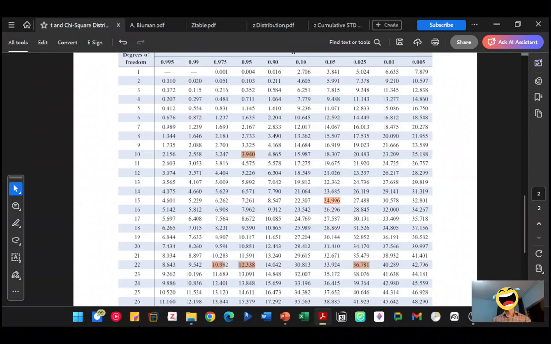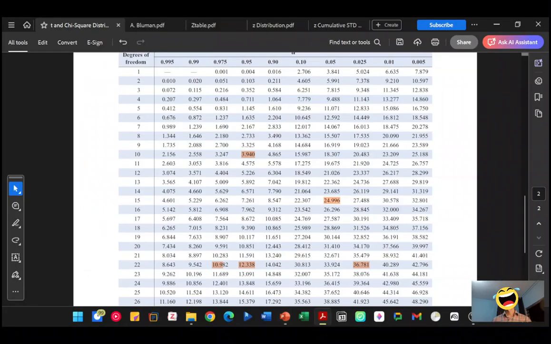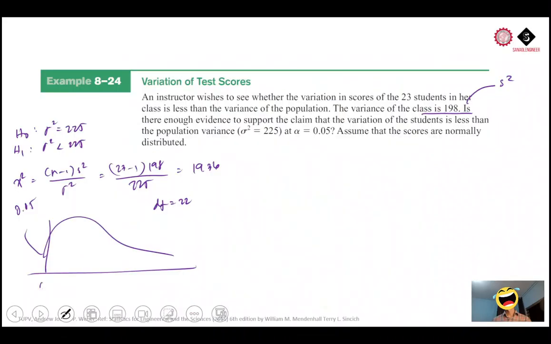That's 12.338. What is 12.338? That's the critical value. And the chi-squared is in here. So there's not enough evidence to support the alternative. Therefore, accept the null hypothesis. But that is using the traditional method.